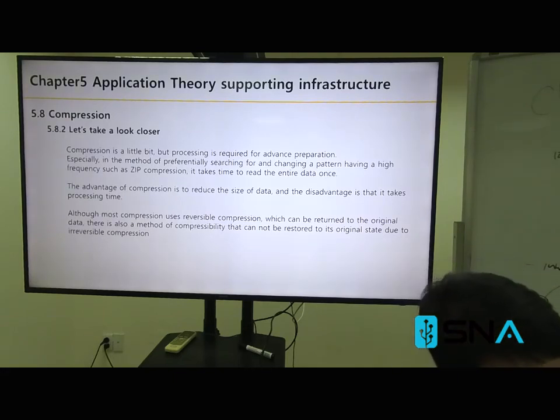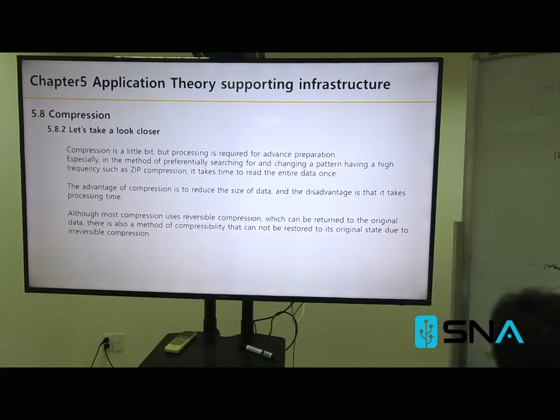There are two different kinds of compression: one which can be returned to the original data, and another which cannot be restored to its original state. So we have two main types: reversible compression and irreversible compression.